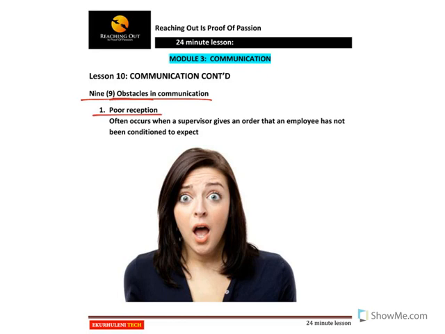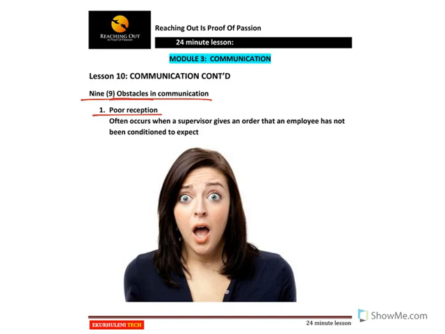Now let us define what we mean by poor reception. By poor reception, we're saying it often occurs when a supervisor gives an order that an employee has not been conditioned to expect. So when you're a supervisor and you give your subordinate an instruction that they are not used to, that is called poor reception.